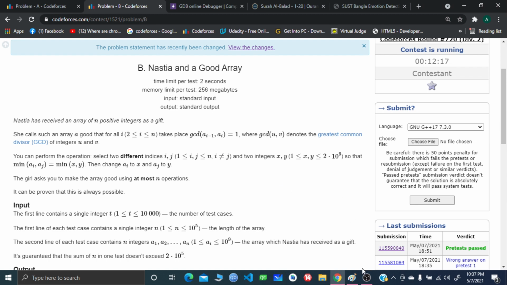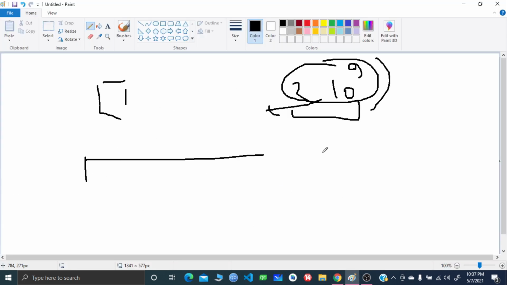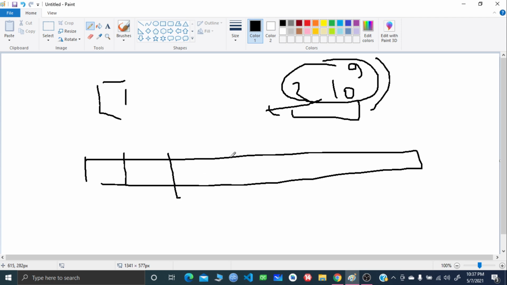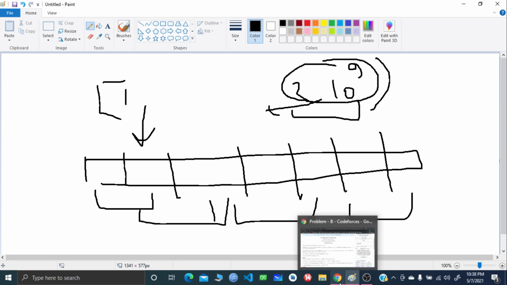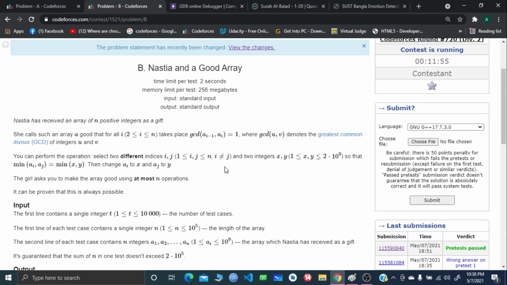So I thought, if in our given array each and every adjacent value should be coprime, then I can do some operations in order to make the array good if it's not good initially.